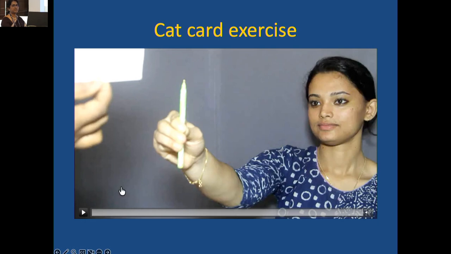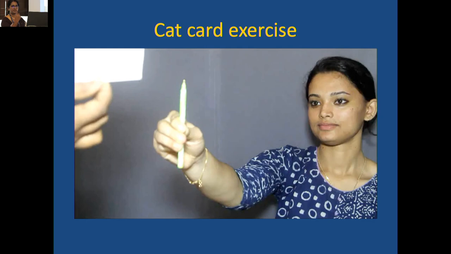The basic exercise is bringing the pen closer to your nose and trying to focus only on the tip of the pen. At no point are we looking at the cat card. We are looking only at the tip of the pen and we are trying to see the cat on the CAT card stereogram as a single cat with whiskers and tail.